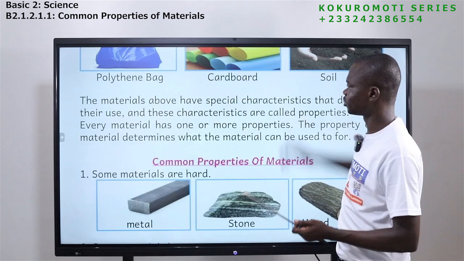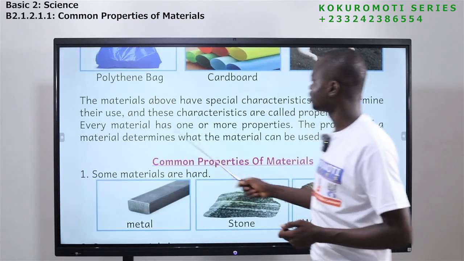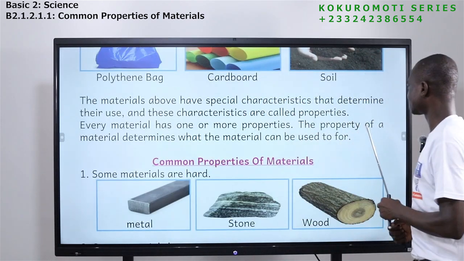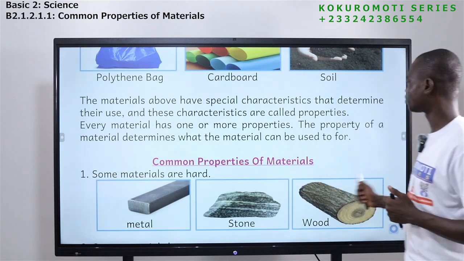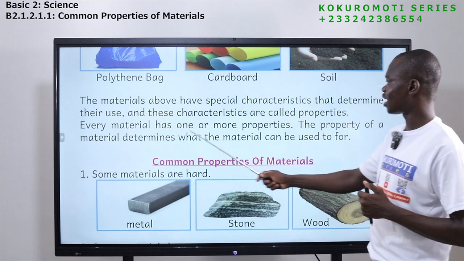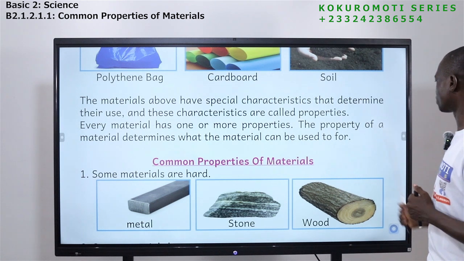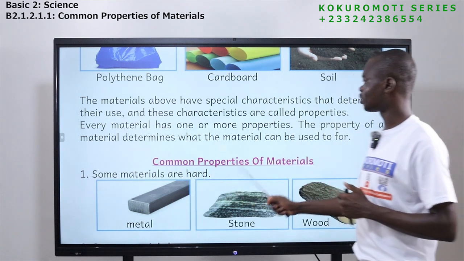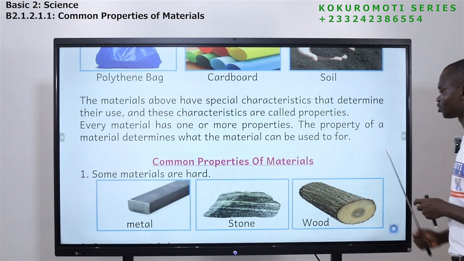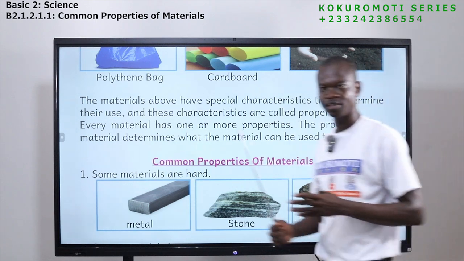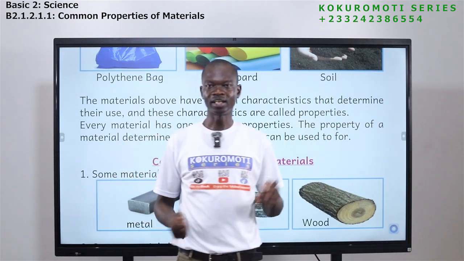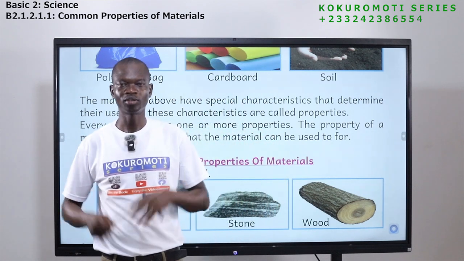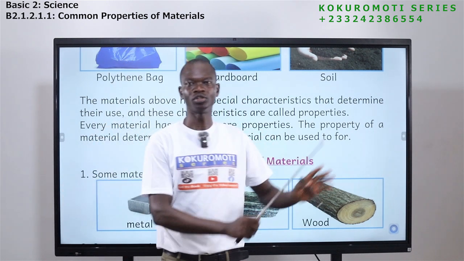Okay, so let's continue. The materials above have special characteristics that determine their use, and these characteristics are called properties. Every material has one or more properties. The properties of materials determine what the material can be used for. So as I explained from the beginning of the lesson, all materials have properties, and the properties determine what they can be used for.